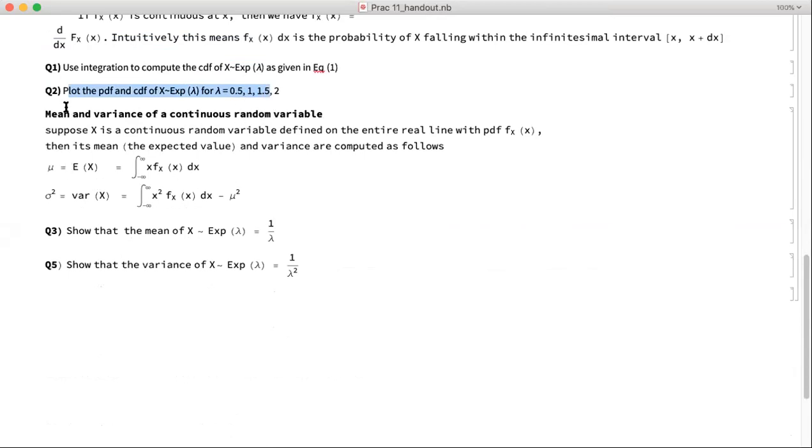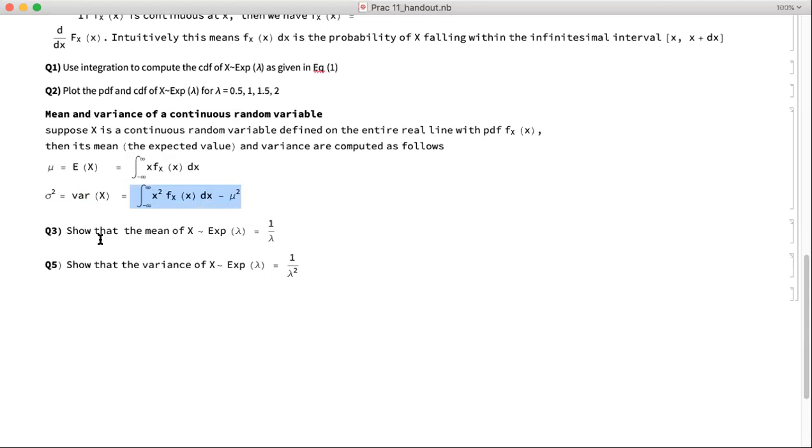Also, the mean and variance of a continuous random variable are defined. The mean is defined as the integral of x f(x) dx, and the variance is defined as the integral of x squared f(x) dx minus the mean squared. I'll explain how that is arrived at next week.